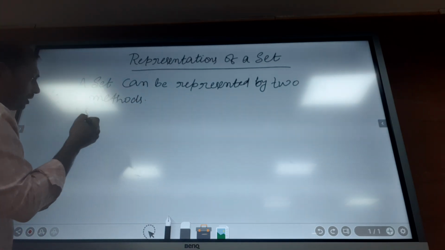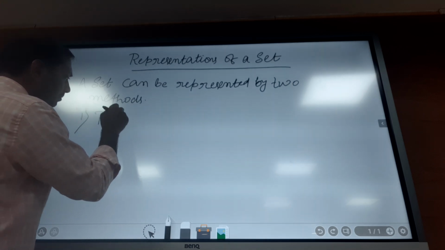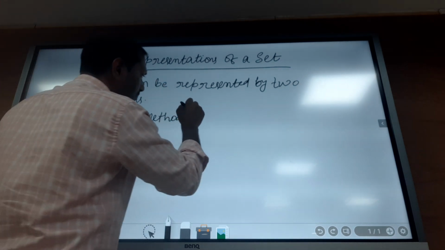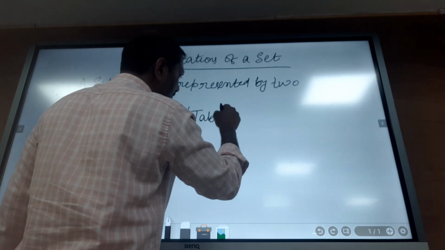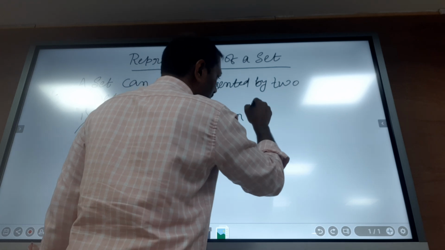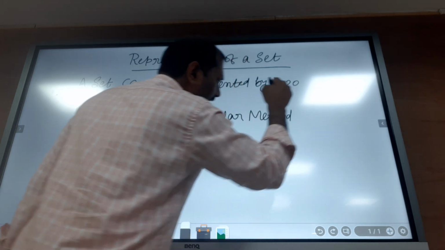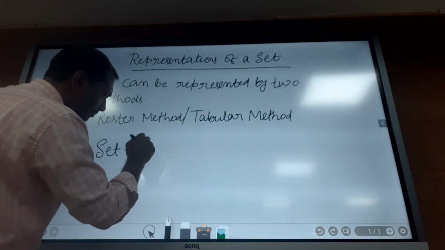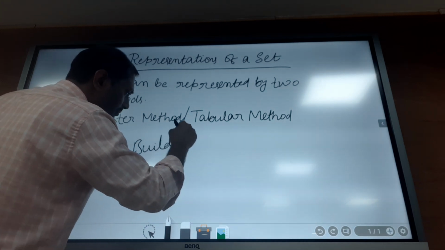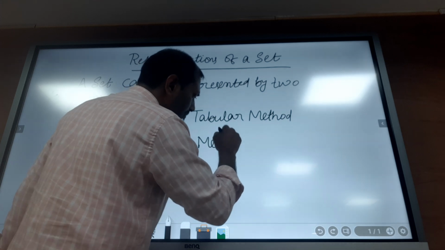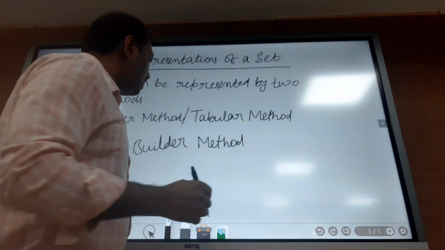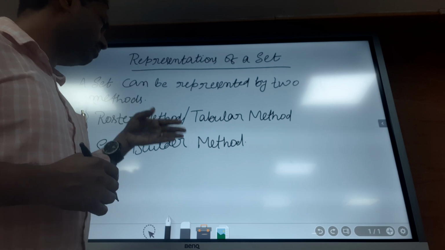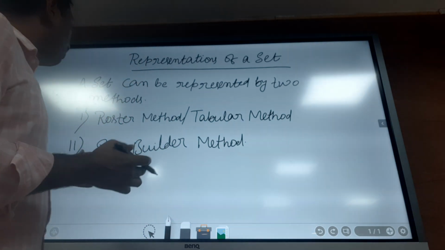The first one is roster method or tabular method, and the second one is set builder form or set builder method.